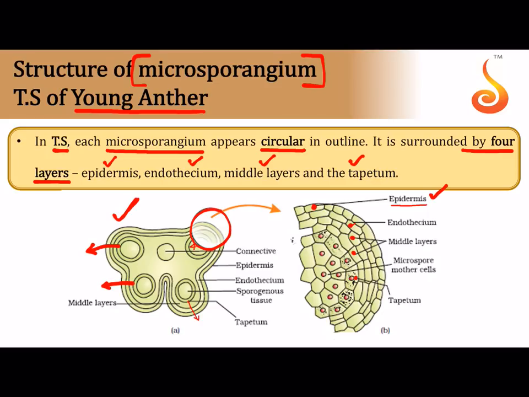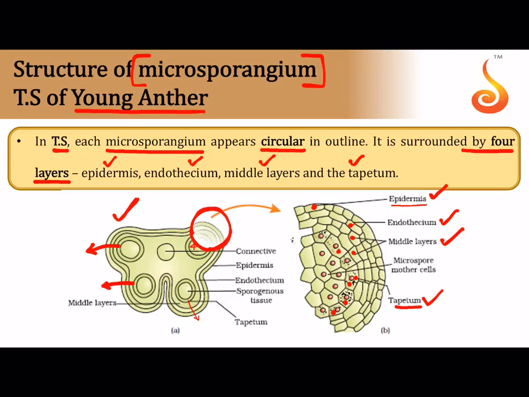The outer epidermis, inner to that is the endothecium, inner to that is the middle layer, and inner to that is the tapetum. It is very important to note that some of the cells of the tapetum will have 2 nuclei in them, and this layer, which has cells bearing 2 nuclei with very dense cytoplasm, is referred to as the tapetum.